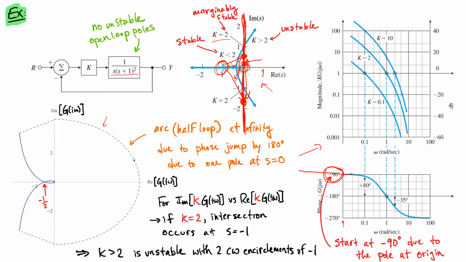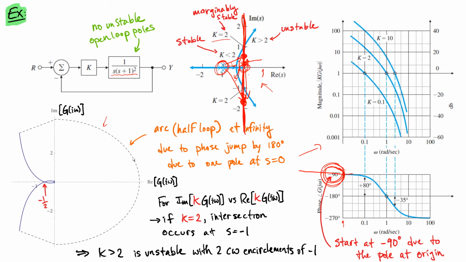We'll see a couple different variants of that as we go through some activities. So that's one consequence, and the other consequence is this arc at infinity. To digest what the Nyquist plot is showing us, we notice that the Bode plot starts at -90, so at very, very low frequency values, it's going to be -90.